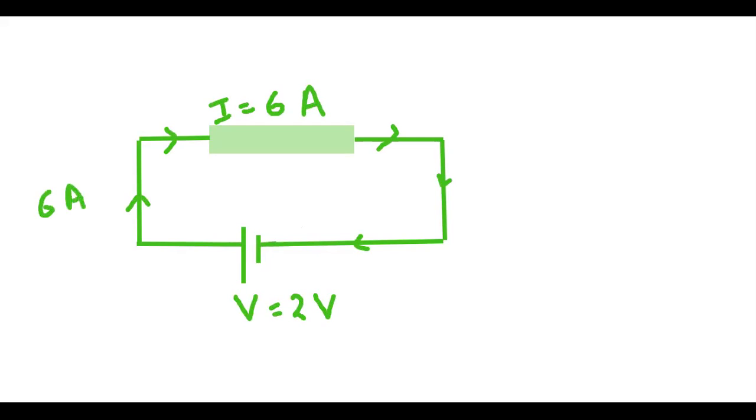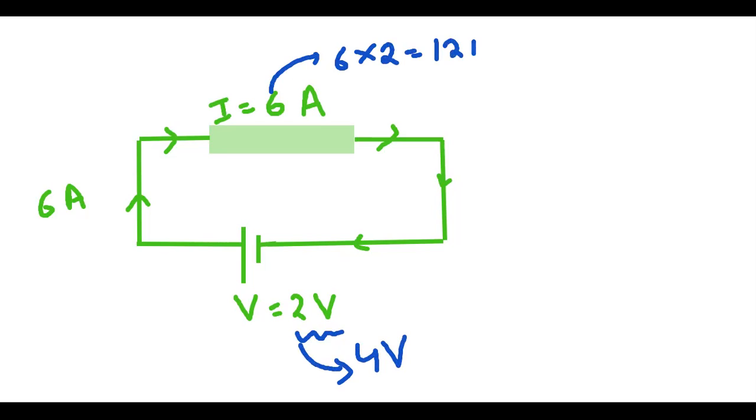So now if we double the voltage, that means the double of 2 is 2 multiplied by 2, that is 4 volts. So if we doubled the potential, then the current also becomes double. That means 12 ampere.